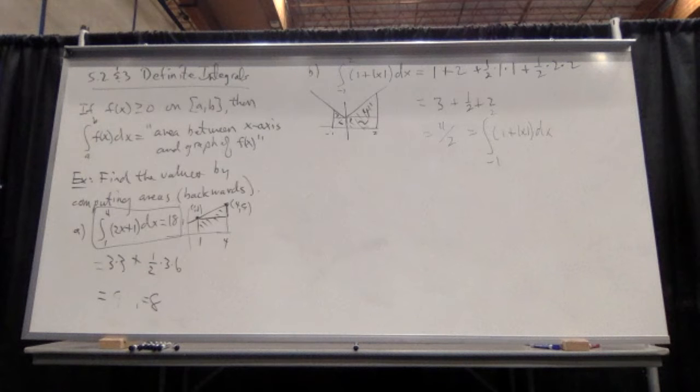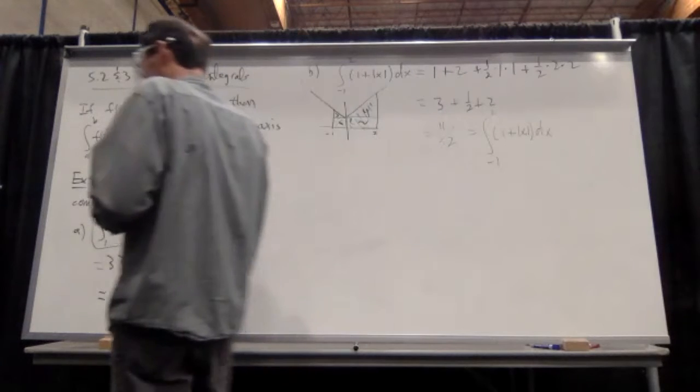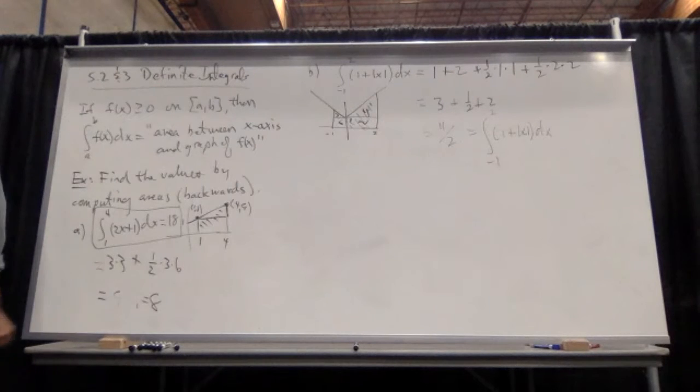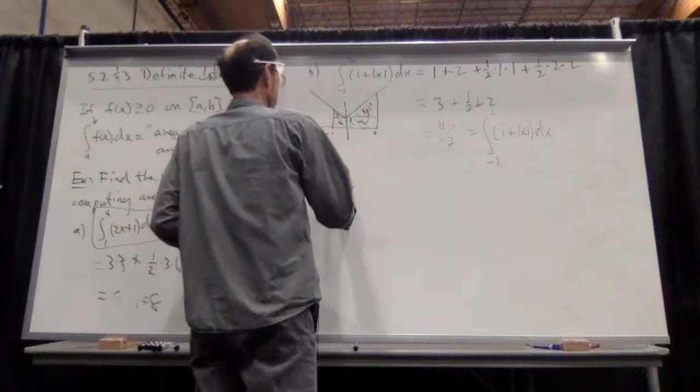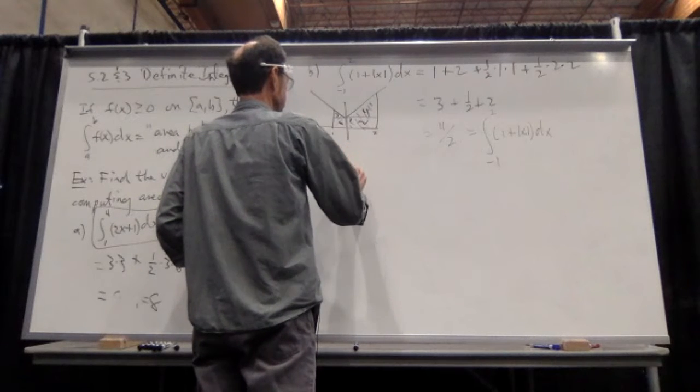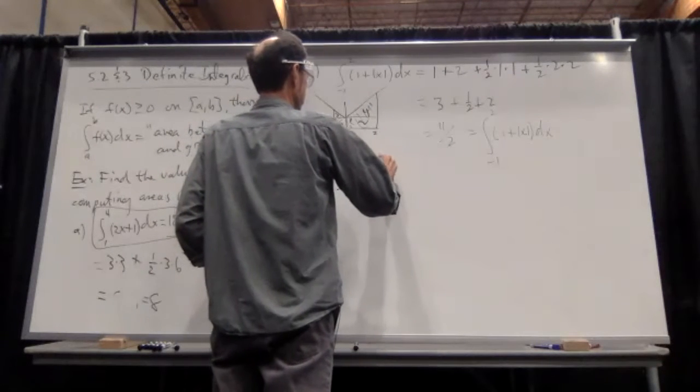Okay, questions? Let's see. The integral from -2 to 2 of the square root of 4 minus x squared dx.